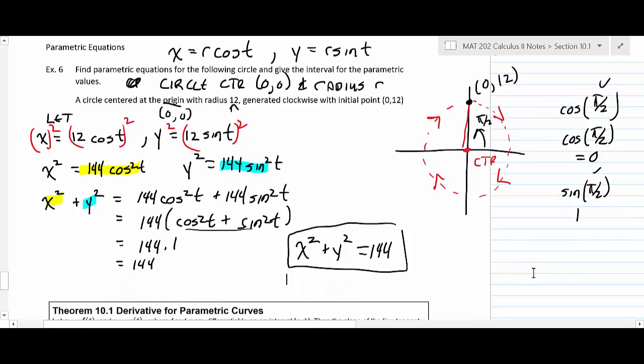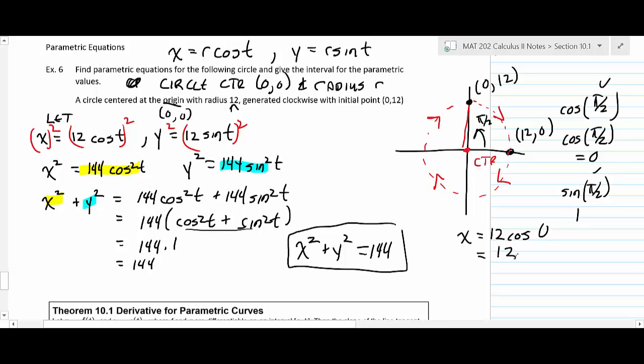Okay, now the next thing I wanted to show you on this is you can go through and verify the points. Right here, you would expect this point to be 12, 0, right? That's what you'd expect on a circle like that. So notice if you have x is equal to 12 cosine of 0, that's our first parameter, does that work and give you the x value of 12?